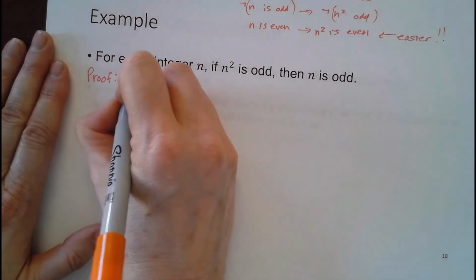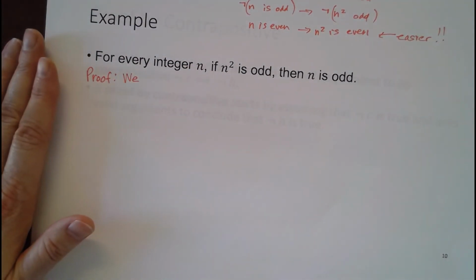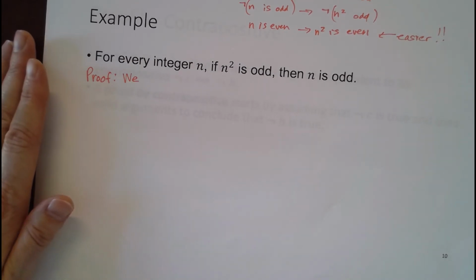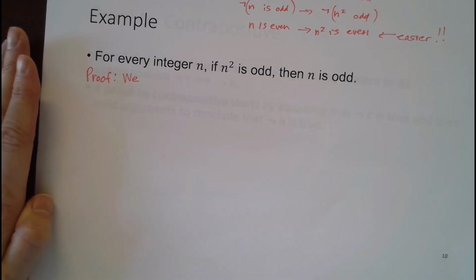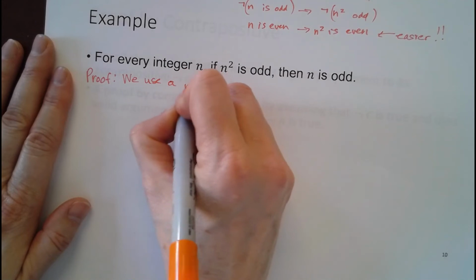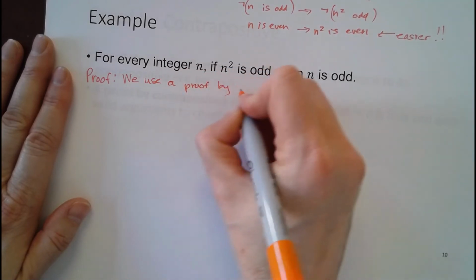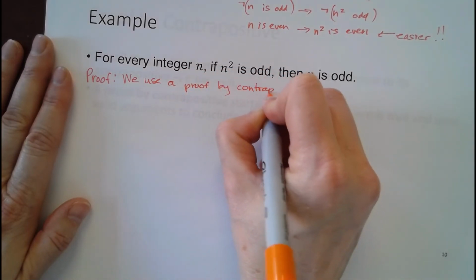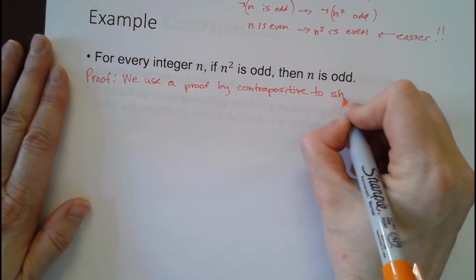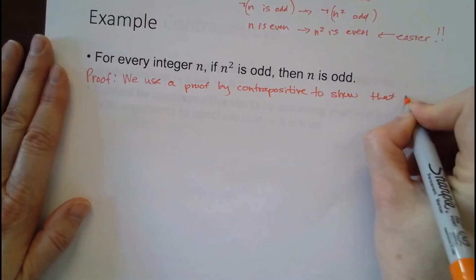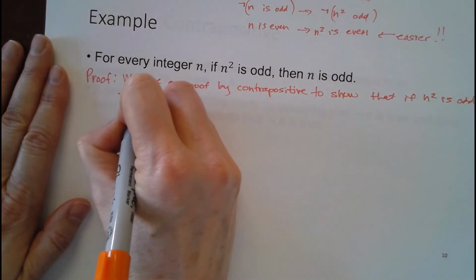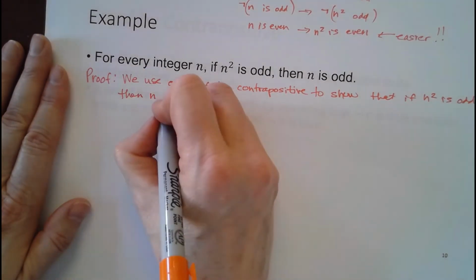Okay. And if you're going to use something other than a direct proof, it's a good idea to alert the person that's reading your proof: hey, I'm not using a direct proof, so get ready. So we use a proof by contrapositive to show that if n squared is odd, then n is odd.